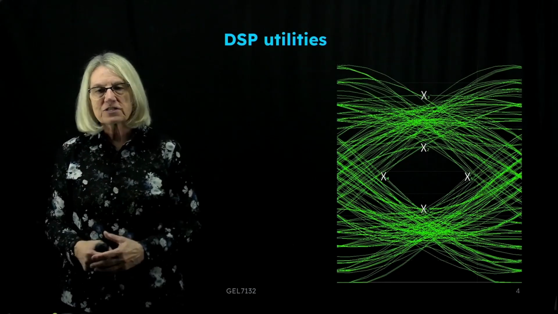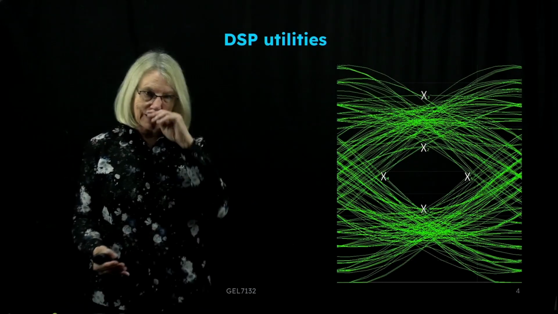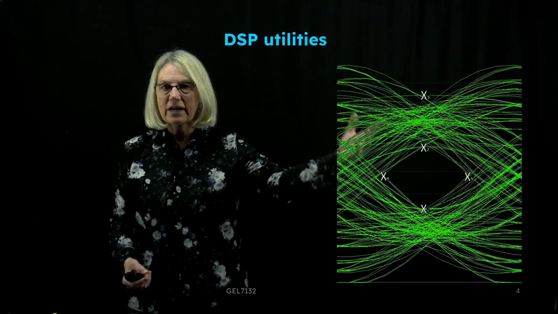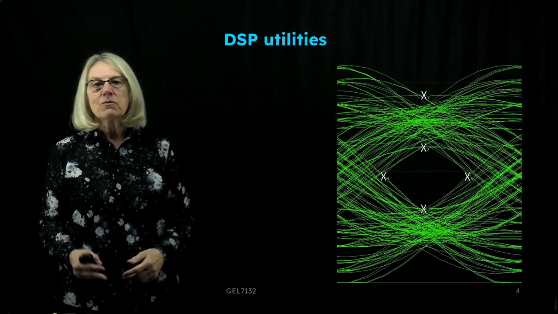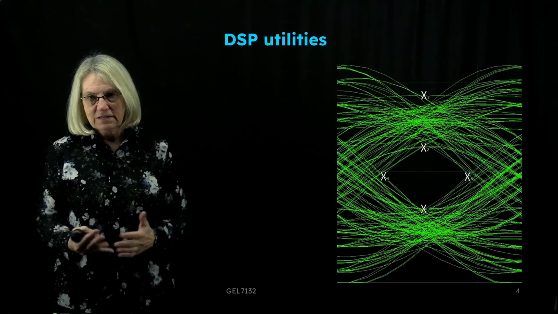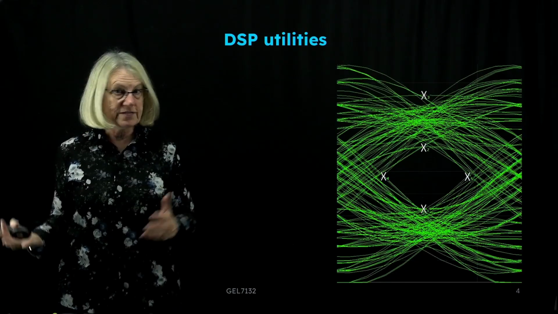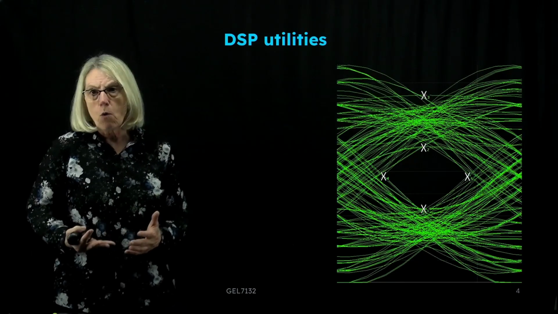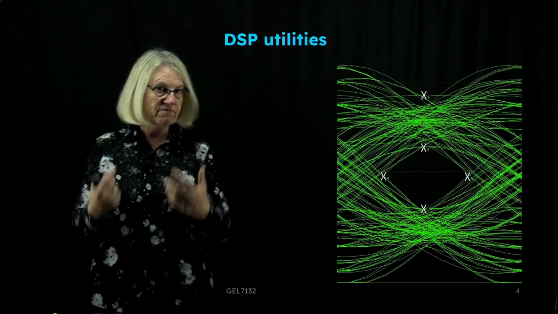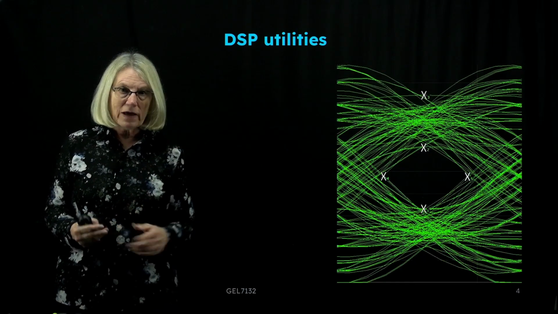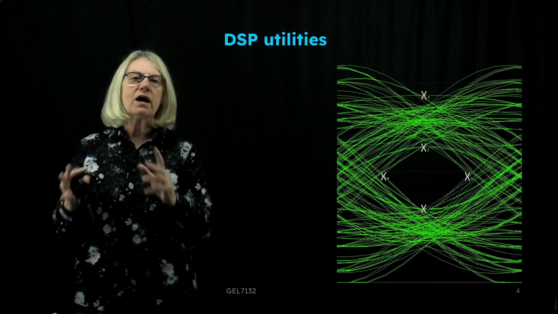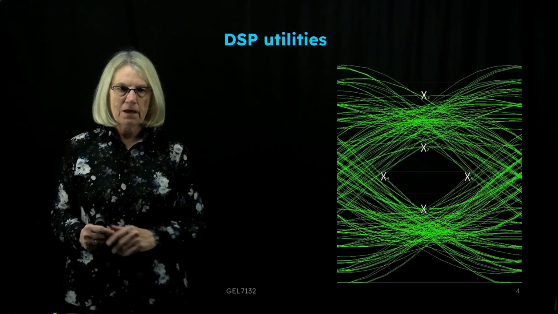So before there were just some cartoons, but this is something that looks a little bit more like what an eye diagram might be like, with different kinds of impairments. And the impairments could be distortion, it could be noise, it could be both. We really don't know when we look at it, but it's still a way of visualizing it. So when we look at an eye diagram, what are we focusing on?